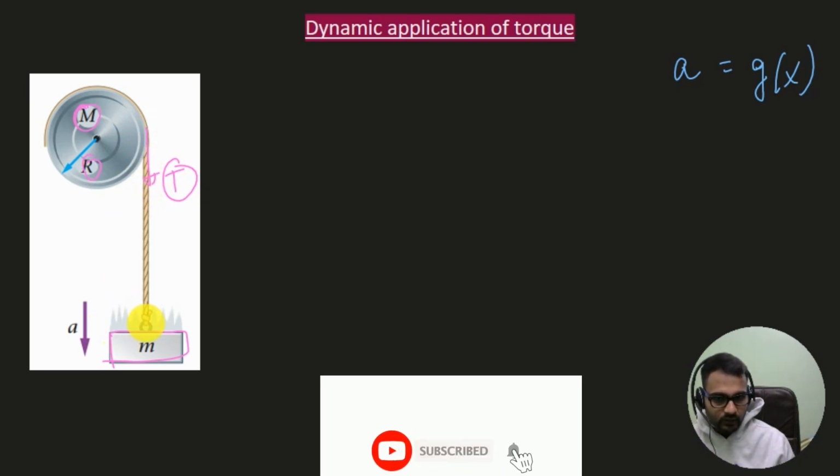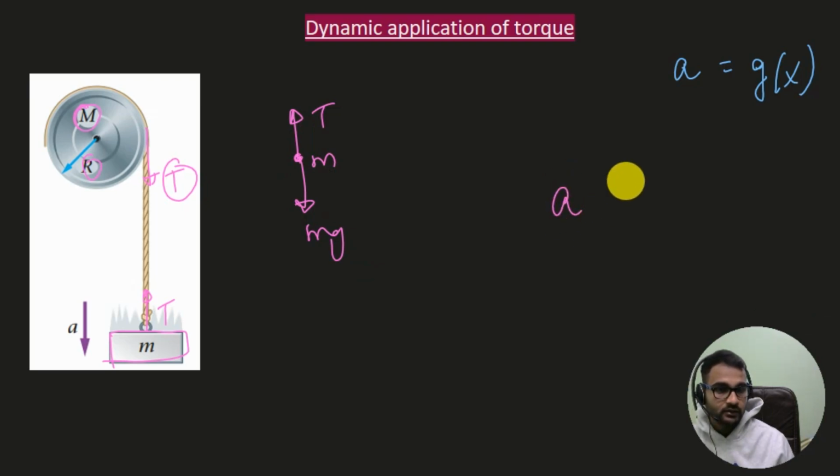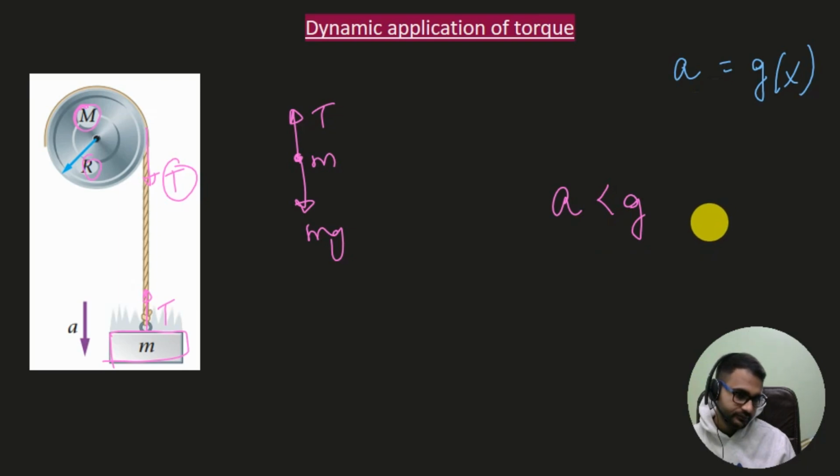And the same tension force would be acting in the upward direction on the block side. If you see the free body diagram, this is the block of mass m. Gravity force would be acting in the downward direction and this tension force would be acting in the upward direction. So clearly acceleration A is not equal to g, it will be less than g.